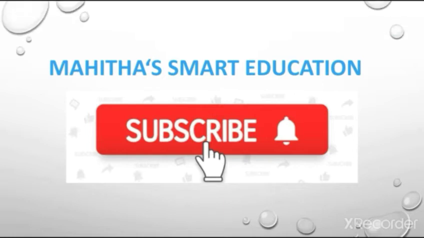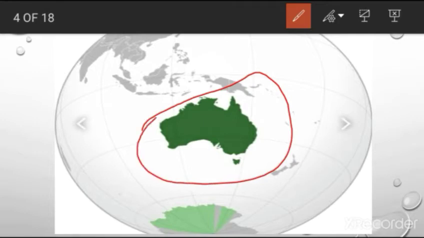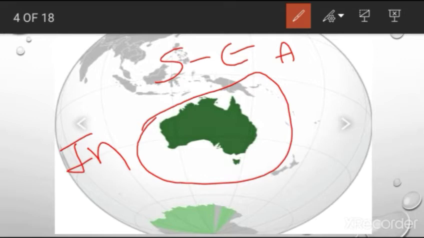Let's move on to the topic. This is our Australia on the globe. As you see, this is the continent of Australia. If we talk about the geographical extent of Australia, the northern part has Southeastern Asia, the western part has the Indian Ocean, the southern part has the Antarctic Ocean or the Southern Ocean, and the eastern part has the Pacific Ocean.